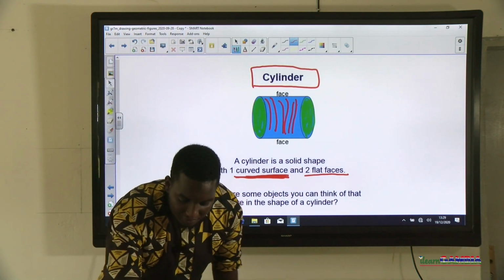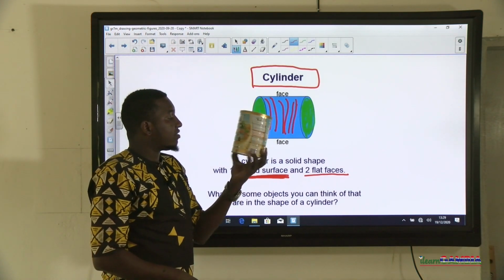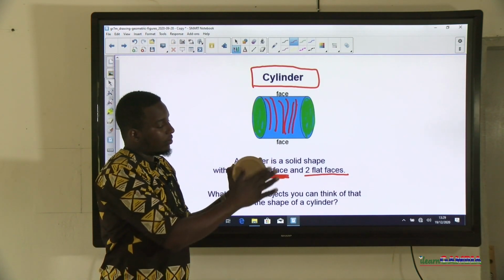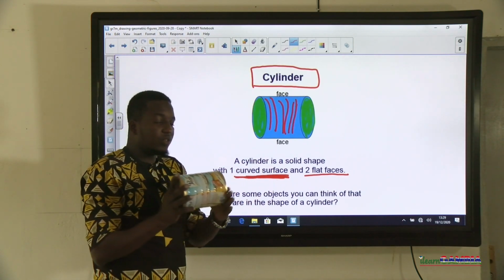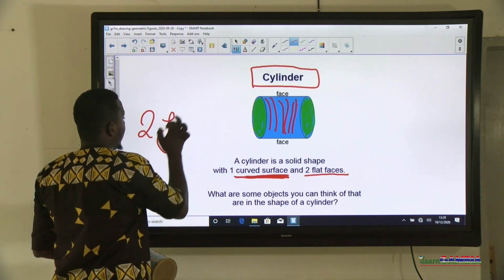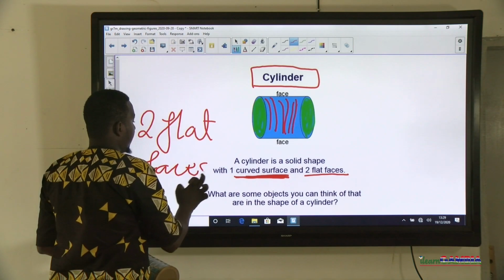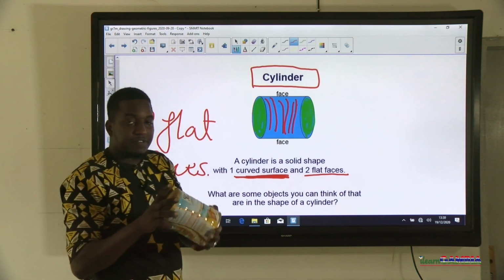Also, we can have a milk tin. This is also an example of a cylinder. Here is the flat surface. Always you need to understand that they have two flat faces.